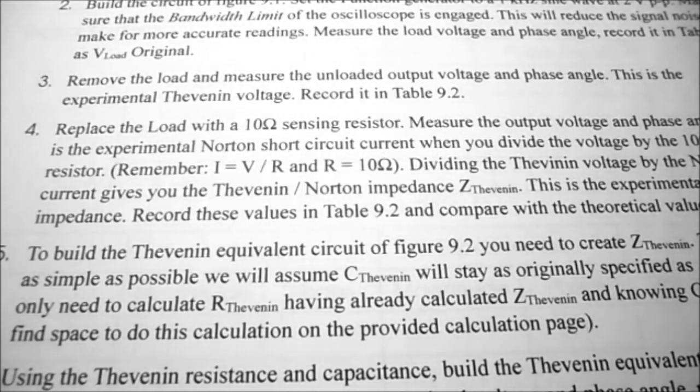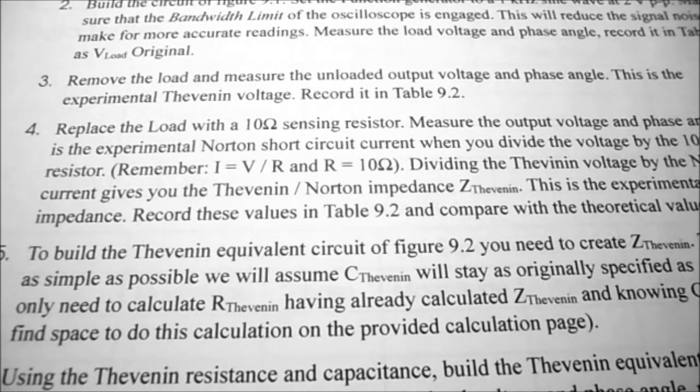Under procedure, step number 4, we're to replace the load with a 10 ohm sensing resistor. We're to measure the output voltage and phase angle. It says this is the experimental Norton short circuit current when you divide the voltage by the 10 ohm sensing resistor.